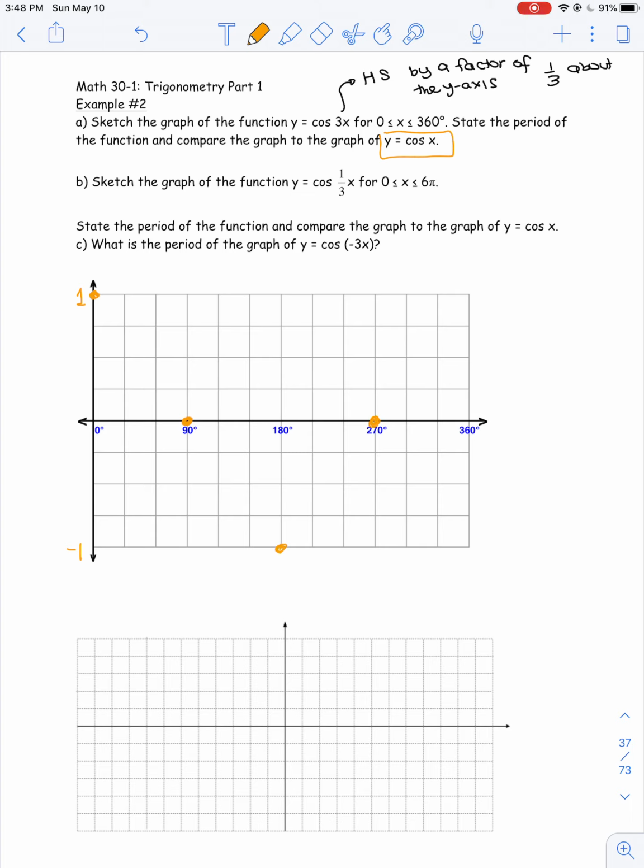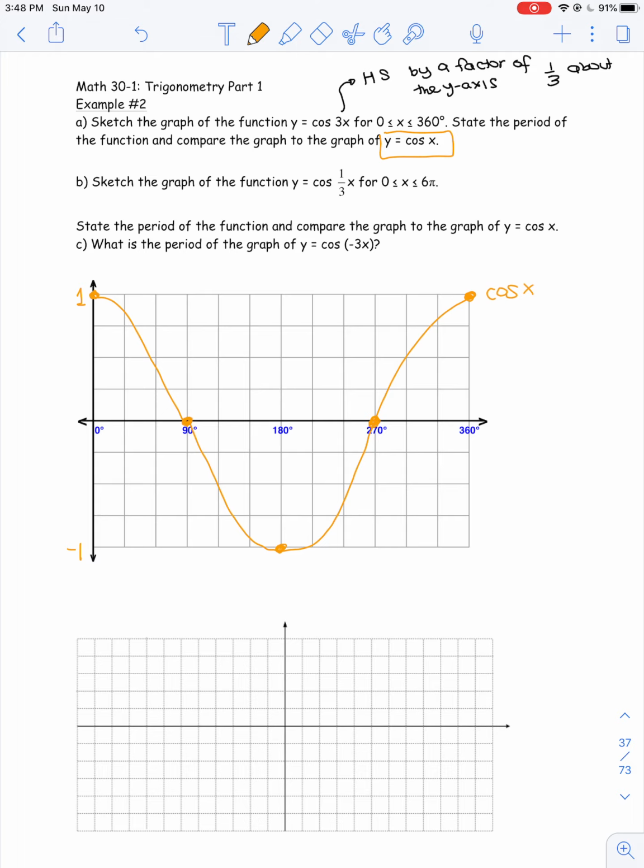At 270, it reaches the x-intercept, and then at 360, it should be the maximum again. It comes back to its starting position. So I'm going to sketch what this graph looks like. This is the cos one. So this is cos of x.